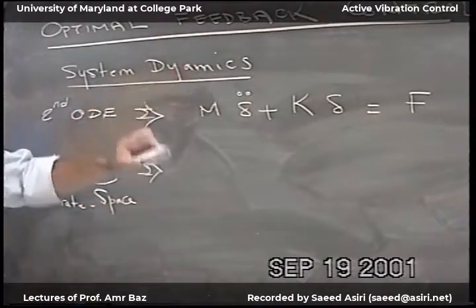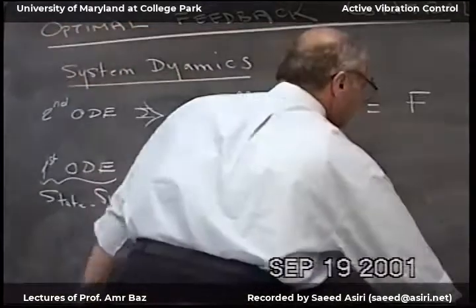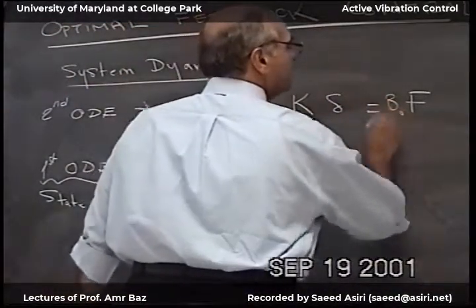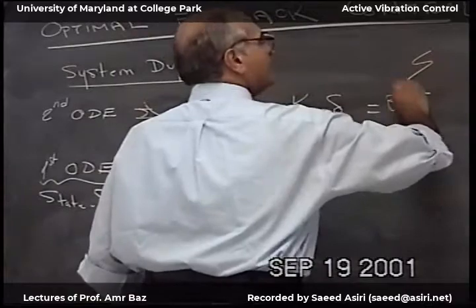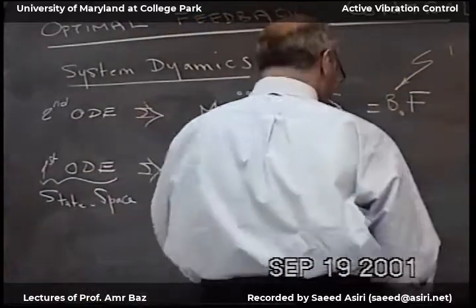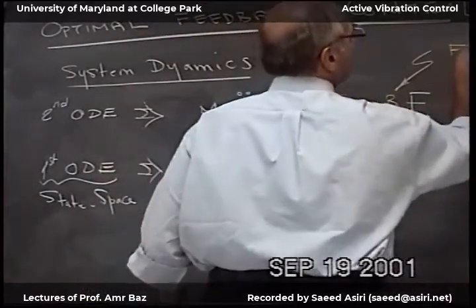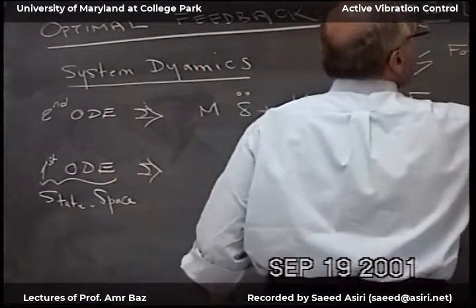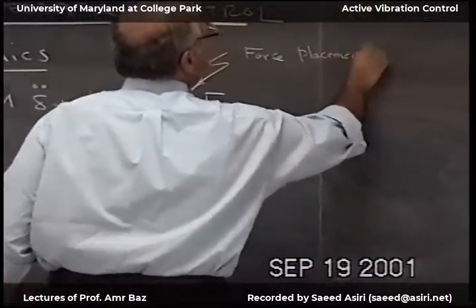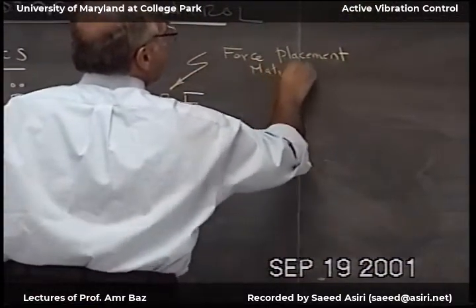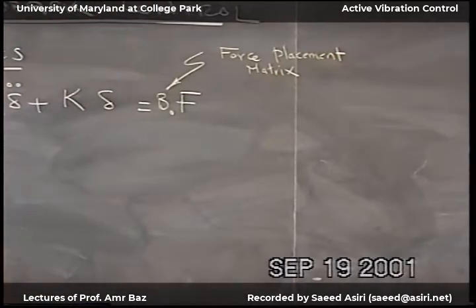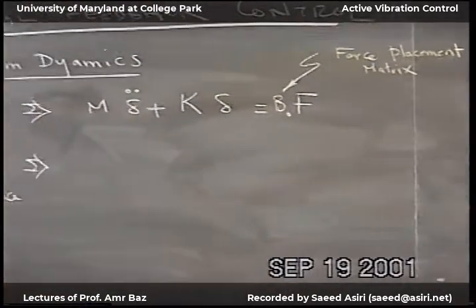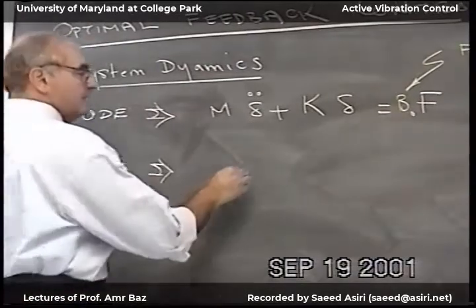And to make this very general, I'm going to make this B0, and that's where we place the forces. Now I can rewrite this in state space like this.